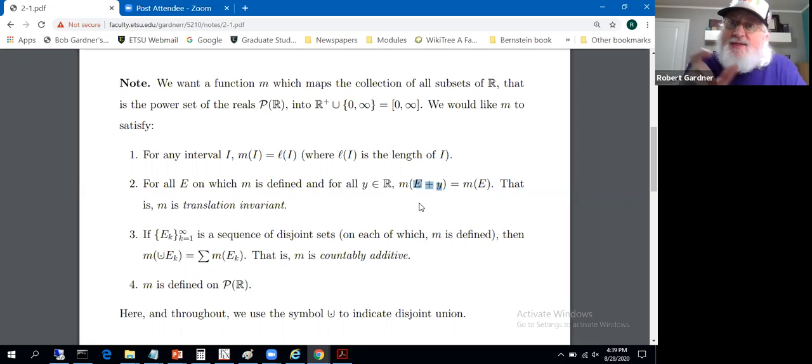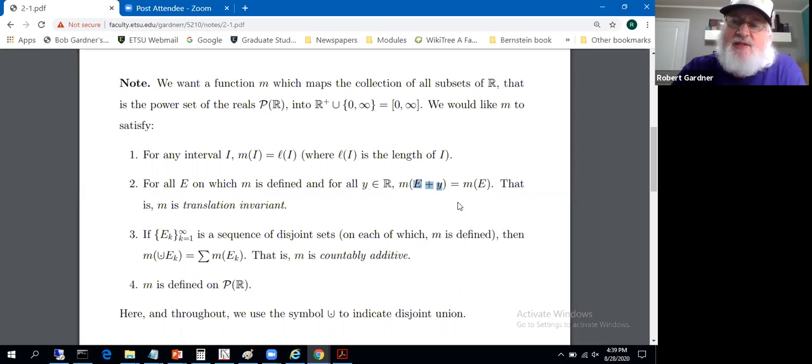I don't want to take a set that's close to the origin and has a certain measure and then slide it out far away from 0 along the real line and let it take on different values. This is a rigid translation. We've simply added y to every element of E, is what the highlighted stuff means. So you're simply taking the set and translating it by an amount y. Of course, you don't want that to change the measure.